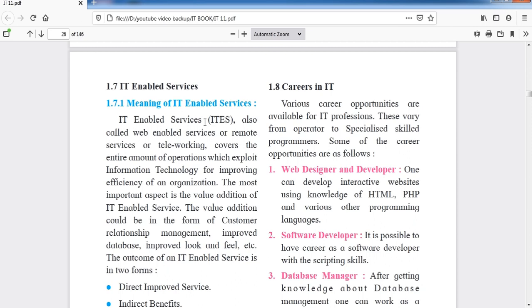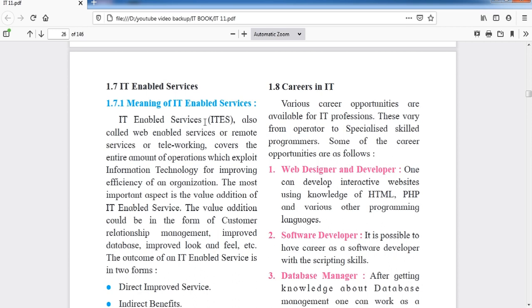If there is a company that wants to perform its operations, and it is using information technology, teleworking, or the internet, then it is using IT enabled services. What is IT? That is information technology, which they use for improving the performance or efficiency of their organization.